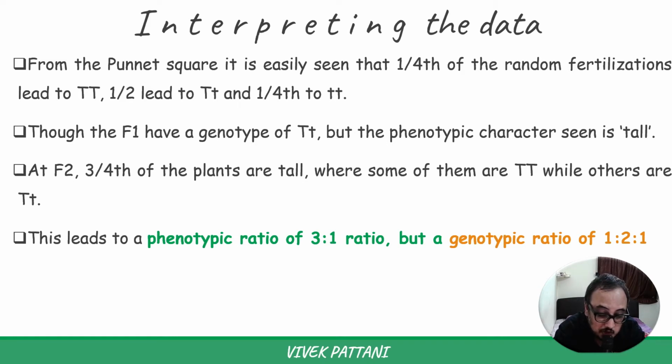But the genotypic ratio was different, which was 1:2:1, meaning 1 for the pure tall one, 2 for the heterozygous one, and 1 again for the short genotype, which is the recessive one.